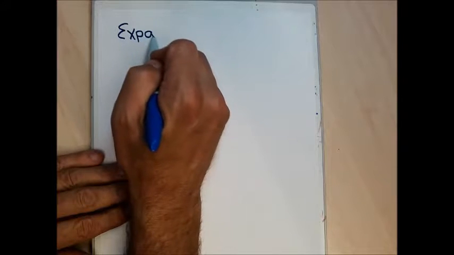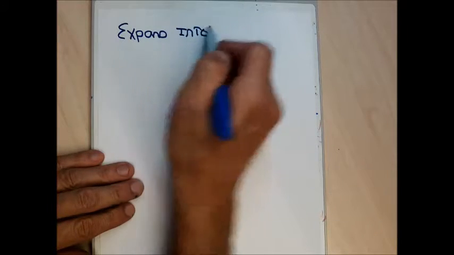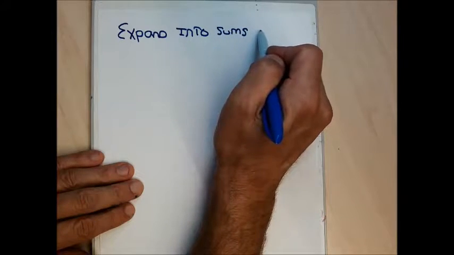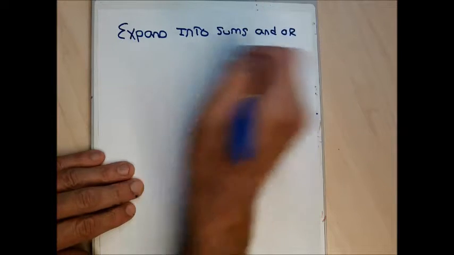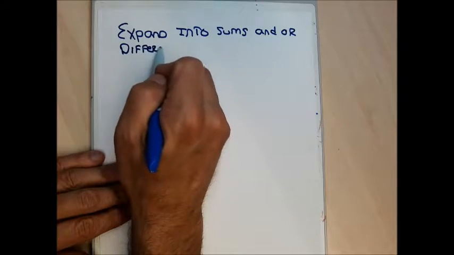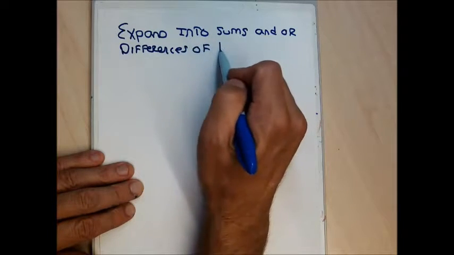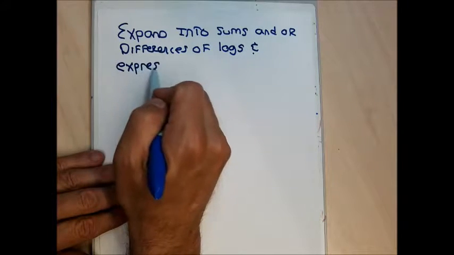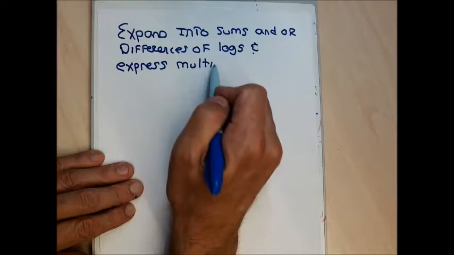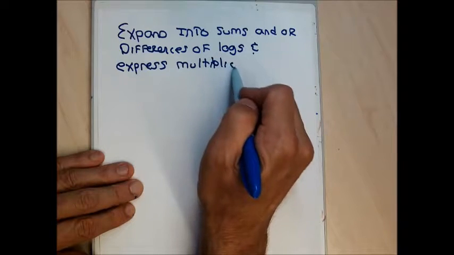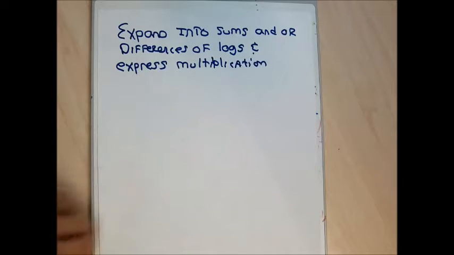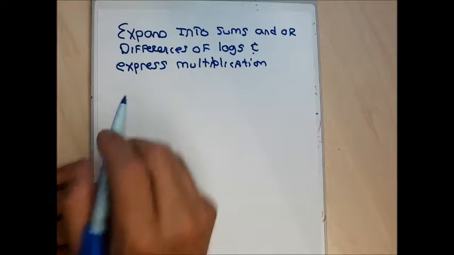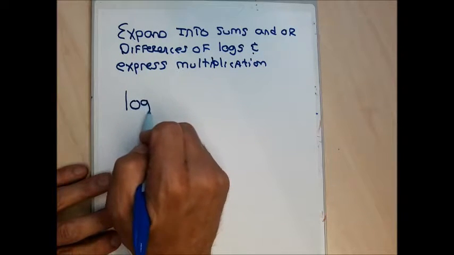If I gave you an instruction and I said expand into sums and or differences of logs, and express exponents as multiplication, it would tell you to take the logarithm that you're given and expand it from one log to as many logs as you have letters. Let me do two examples of this.